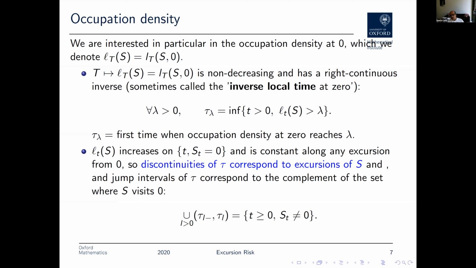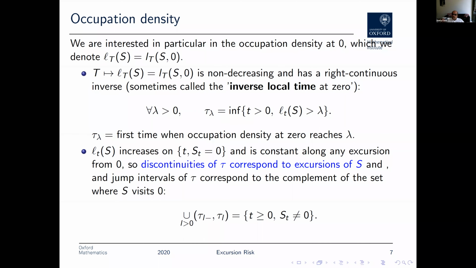Exactly. So this is nice because we can use this occupation density as a way of indexing the excursions, because each excursion has a constant value of L_t. Now its inverse, this function tau lambda, which is the inverse of L: if you have a piecewise constant function and you want to invert it, you just flip the x and the y axis.